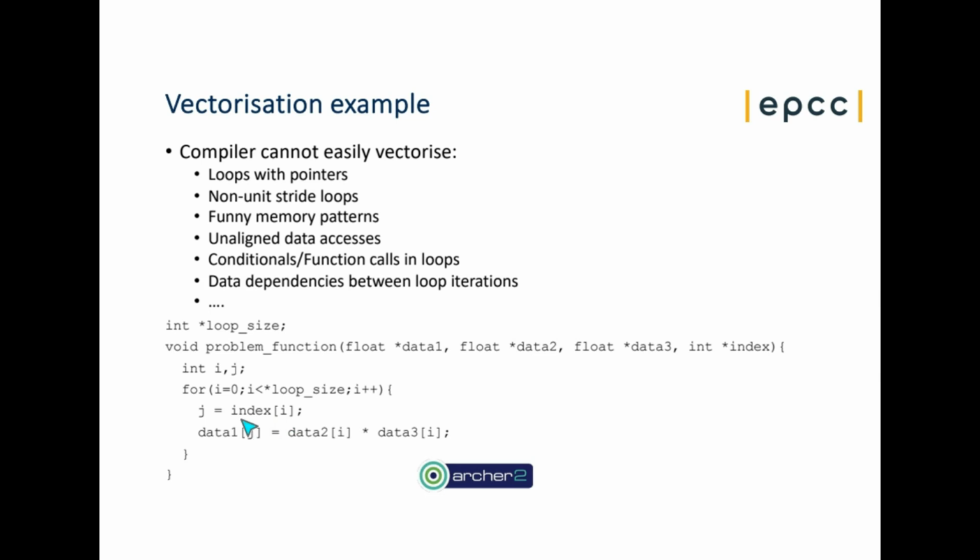The compiler cannot in fact tell at all that the J values are independent, are never equal to each other. So it can't tell there's no dependencies here. And using the contents of a pointer as the upper bound for a loop and so on, that's also likely to cause problems.